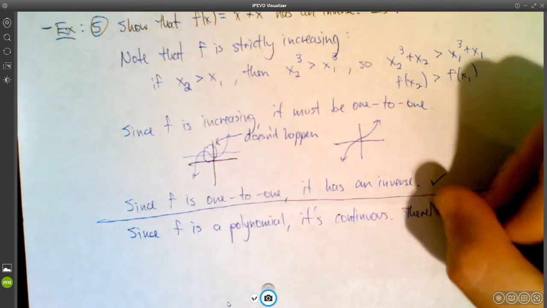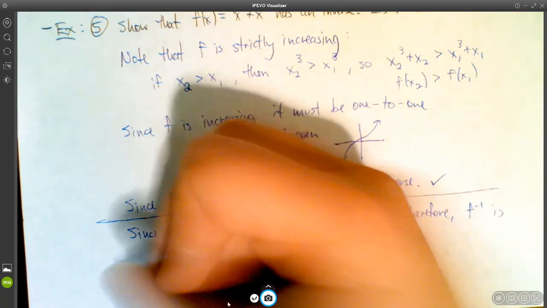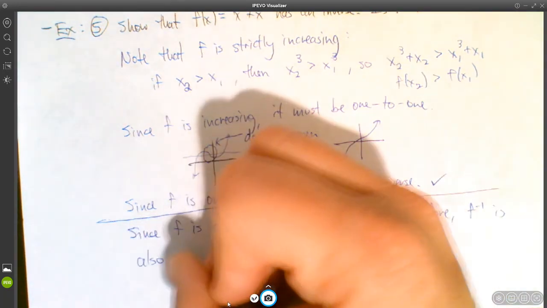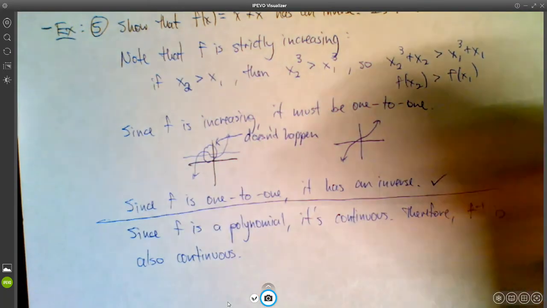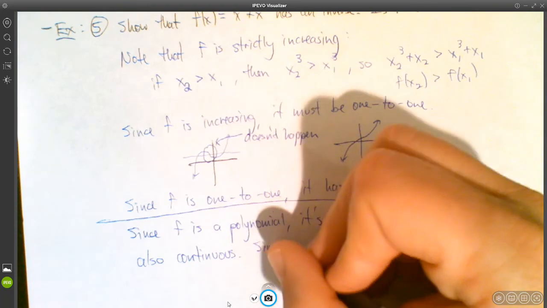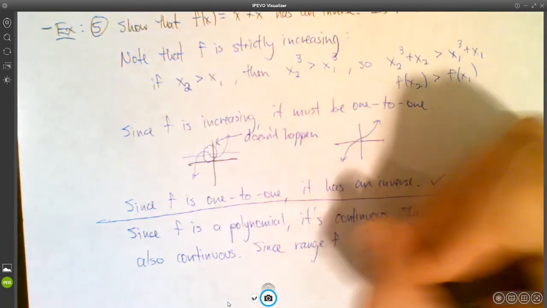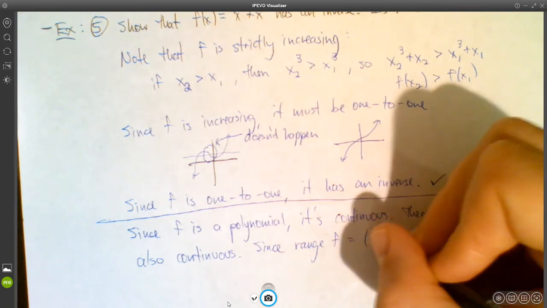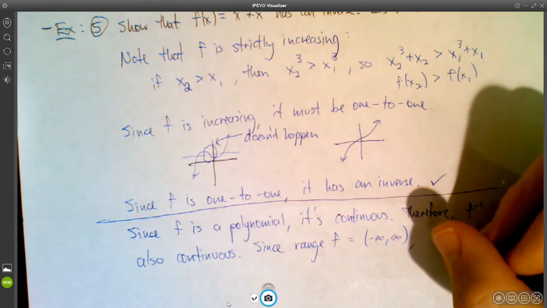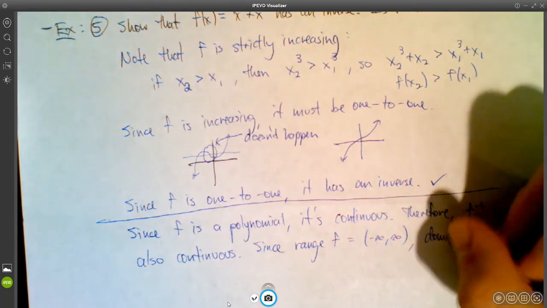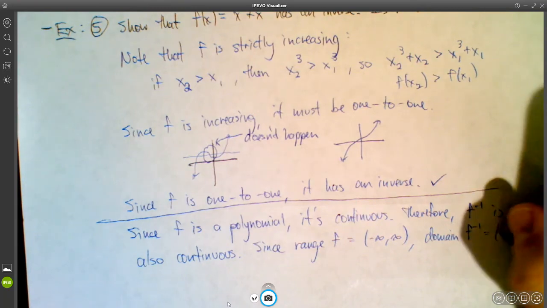Therefore, f inverse is also continuous. Since the range of f is negative infinity to infinity, the domain of f inverse is negative infinity to infinity.